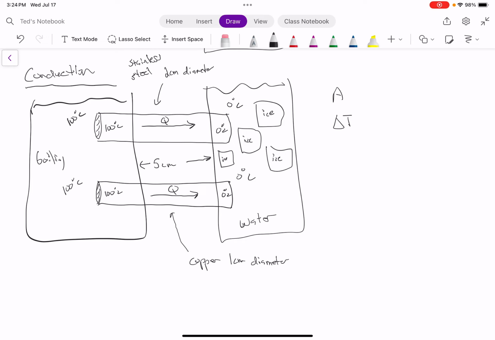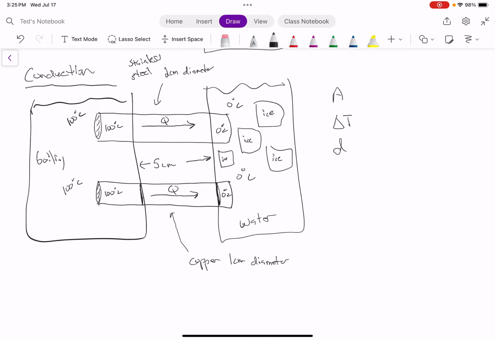Okay, what else would matter? The distance that the heat has to flow. So in this case, that would just be the distance between the two buckets of water. If that distance is large, then the heat would flow more slowly. If that distance is short, the heat would flow more quickly.